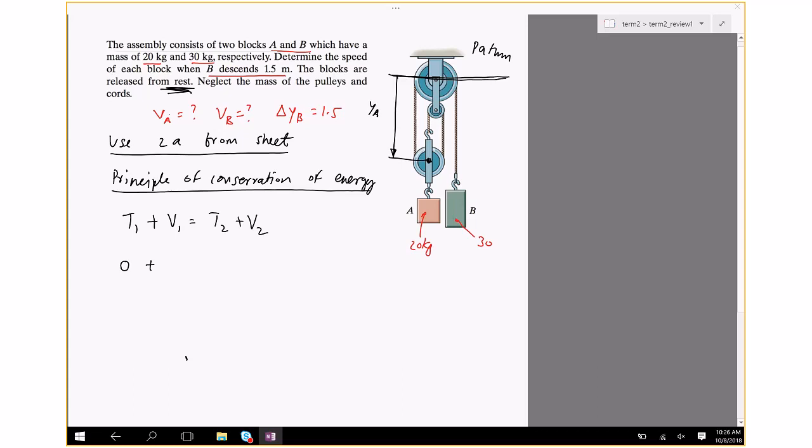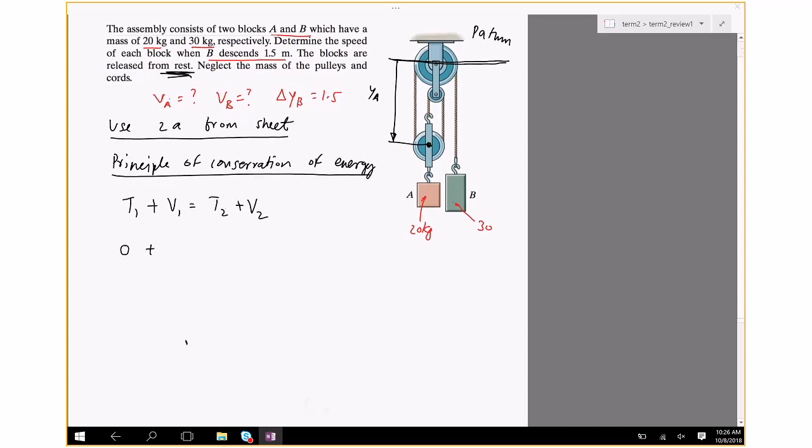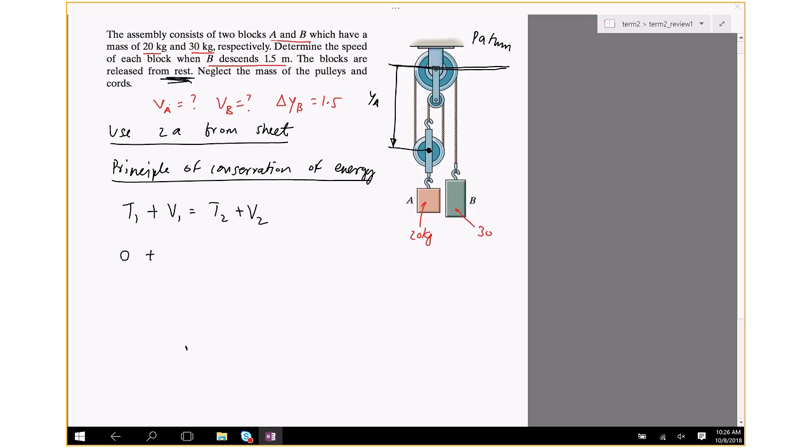a, and that's the motion of A because this link is rigid and the displacement of that point here is the same as the displacement of A. And for B, let me put this to be the distance y_B. Okay, so now using the datum I can write the potential energy is m_A g y_A.